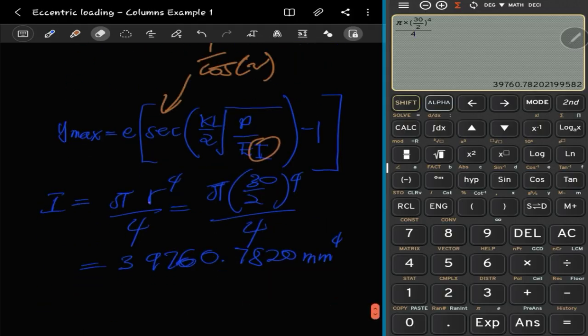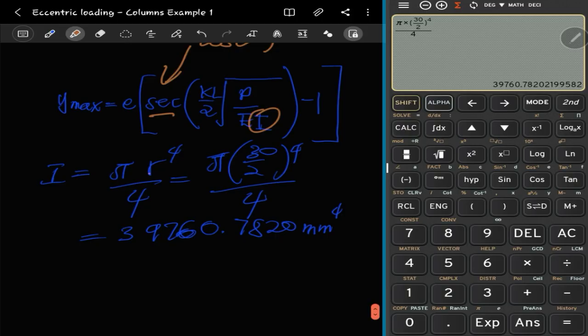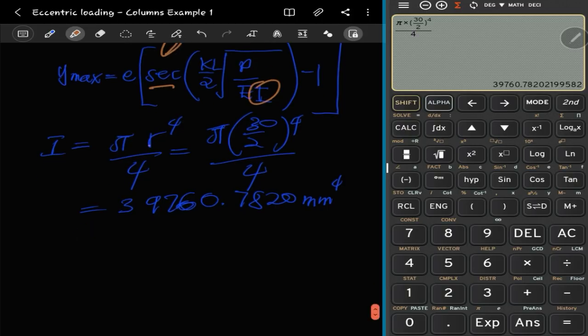Our next thing, to make our work easier, because we don't have the sec on the calculator, is to find the sec using the reciprocal of cos. So first of all, let's rewrite the equation. This is the deflection equation, right?